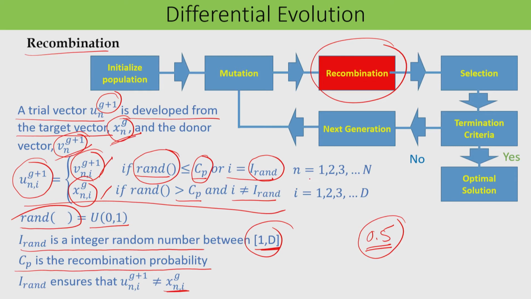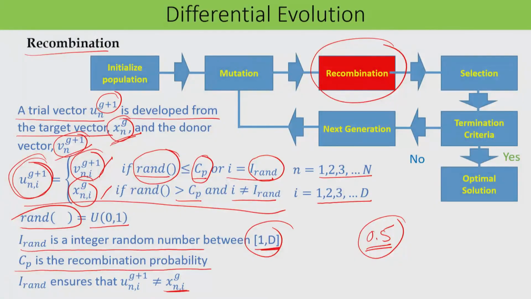This process will continue for n equal to 1 to N and i equal to 1 to d. So, you are getting a new trial vector now, and this vector is u_n,i,G+1. So, what we are doing here? We have initially created a donor vector, that is v_i, and after that using v_i and the target vector.